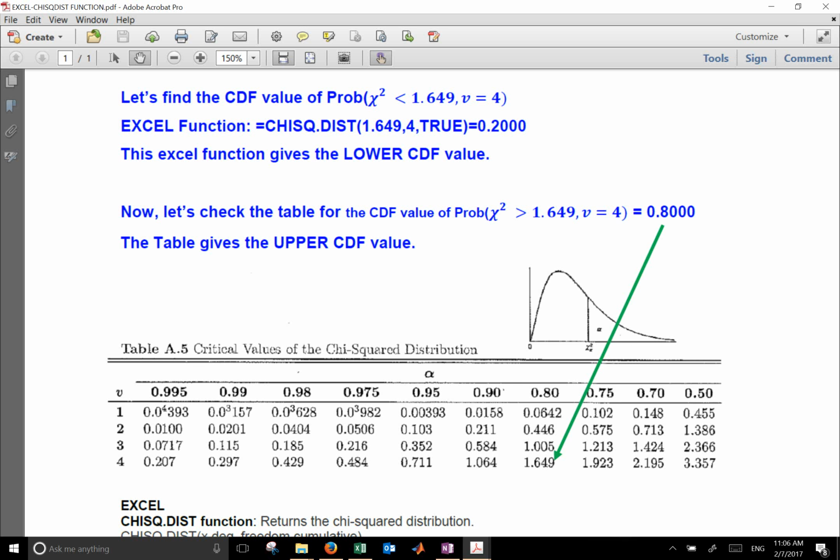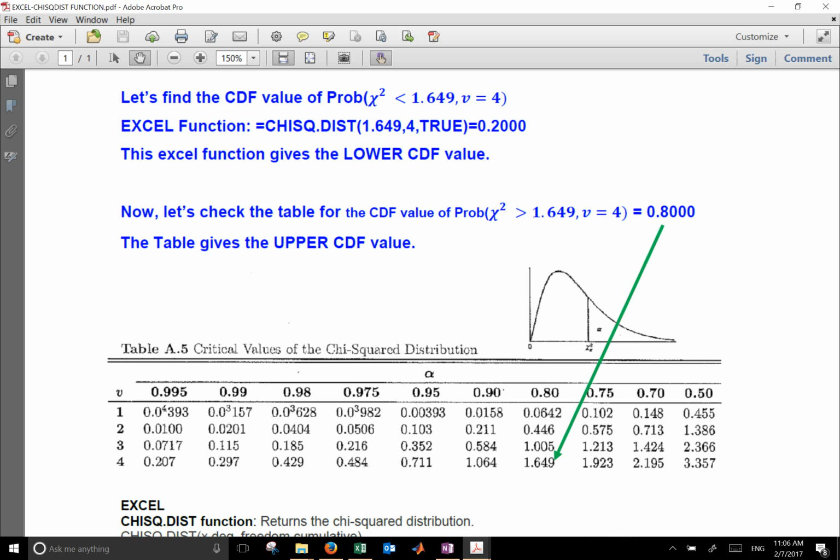You see, this is the v, degree of freedom equals to 4, and 1.649 is the location. But this value is 0.8.